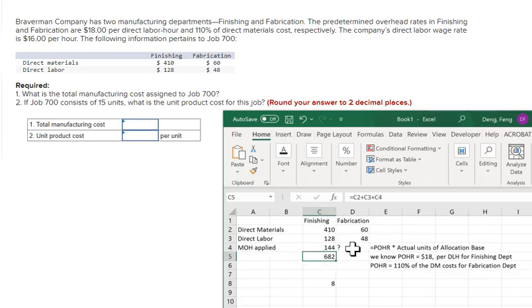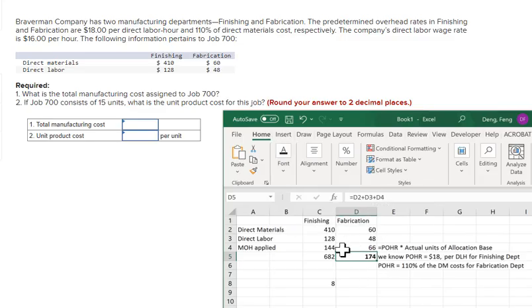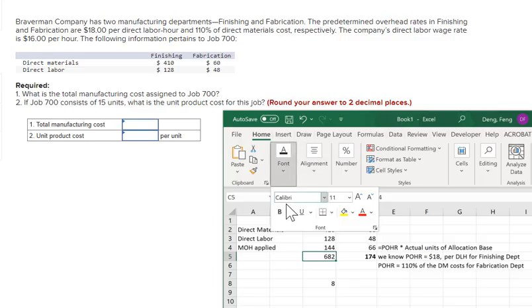And for the direct material, here is 110% of the direct material cost for fabrication. So it will be 110% times the direct material cost. So that's how much we're going to get there. So the total cost for the fabrication is this much, and this will be a total cost for the job done in the fabrication, and this will be a total cost for the finishing department.